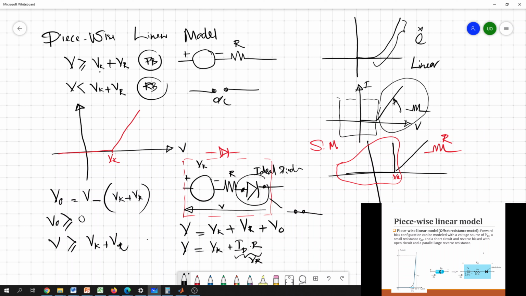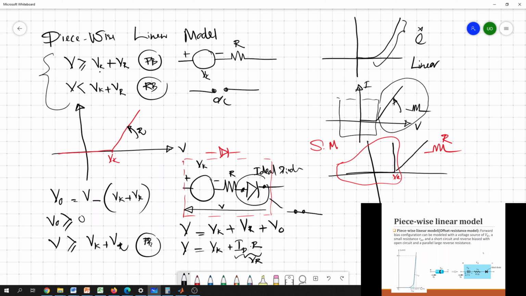Only then does this ideal diode become forward biased. So in the piecewise linear model, this is the V-I characteristic, and these are the two conditions you need to check to see whether the diode is in forward bias or reverse bias. If the diode is forward biased, you can replace it with a fixed DC source of Vk plus a series resistor R. This R basically represents the gradient of this block.